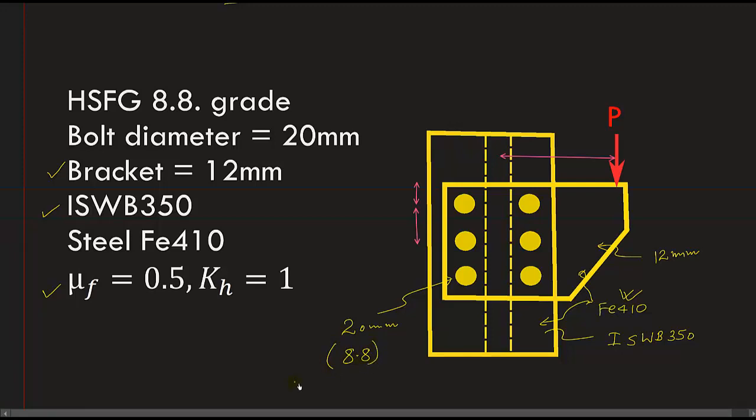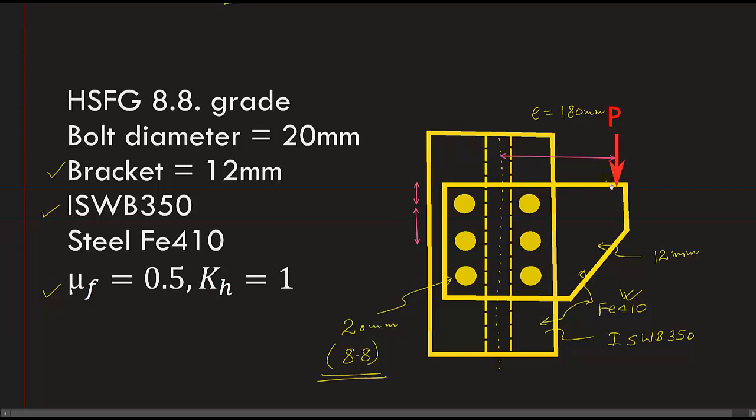So we can calculate the ultimate strength as well as the yield strength of this bolt once I know the grade of this bolt. Now this eccentricity e is given as 180 mm, that is the distance from the bolt center line, this middle line, to the load.